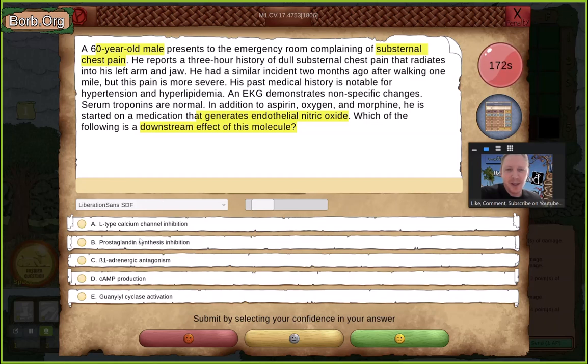So what are you thinking in terms of these answer choices? Something is just leading me to, I'm stuck between D and E, but I'll go with cyclic AMP.